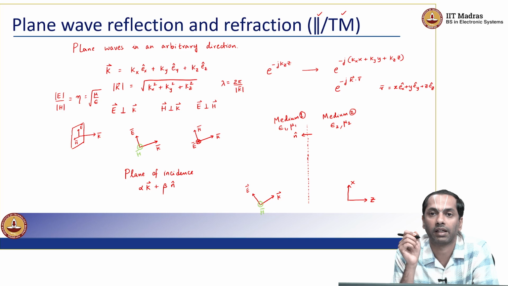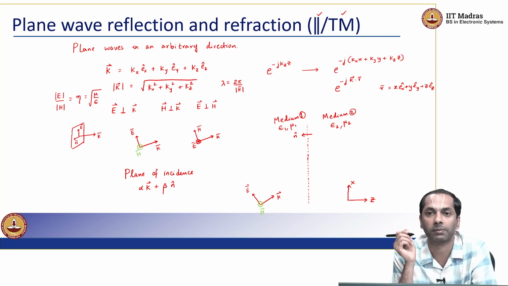So, the vector k and vector n together can define a plane. The n vector is normal to the interface between medium 1 and medium 2. We are considering a planar boundary between two media, and this plane has a certain normal direction, and a unit vector in this direction is n cap.